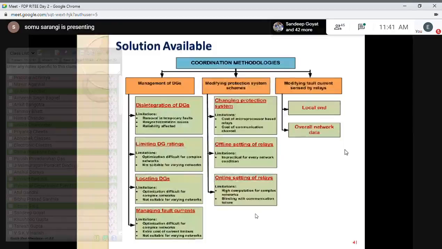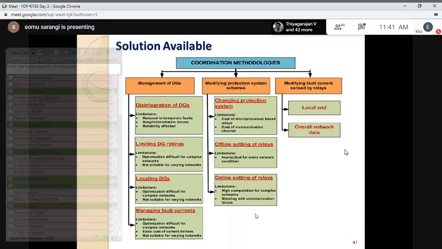Location of the DG, if you locate the DG at the beginning of the distribution system, that is also helpful for us. Managing the fault current by using different types of reactors and fault current limiters is also possible.